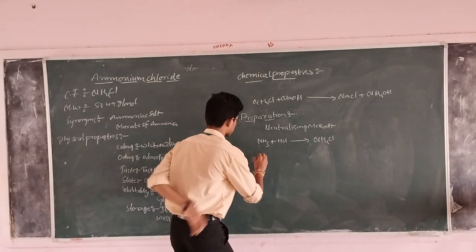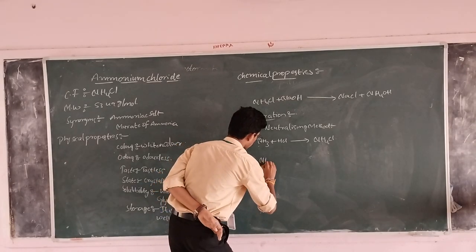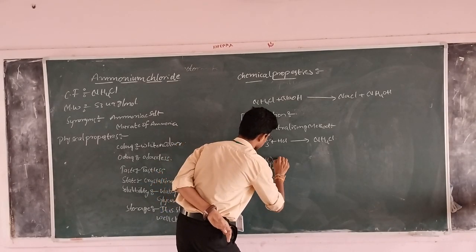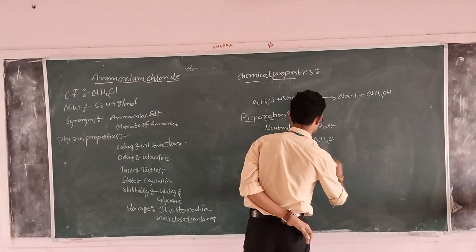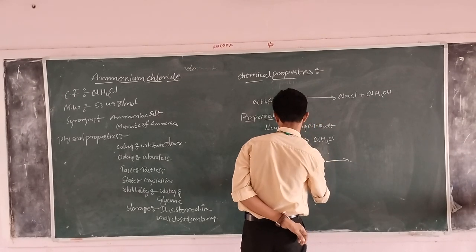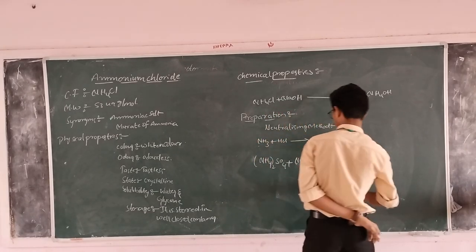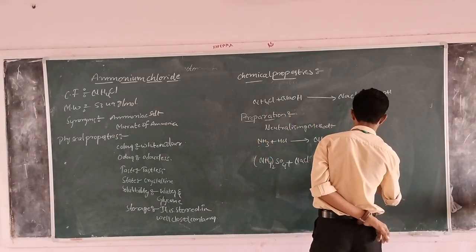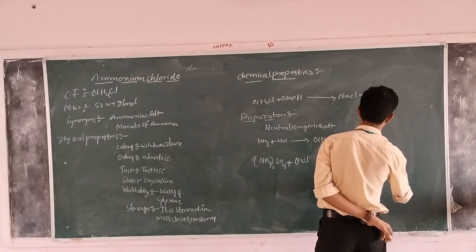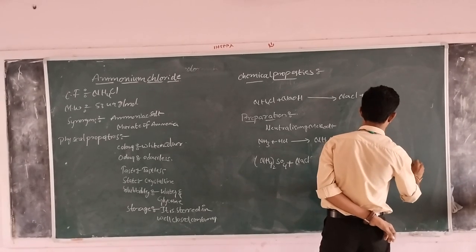And the second method is reacting ammonium sulfate with sodium chloride, which gives rise to ammonia plus hydrochloric acid plus sodium sulfate.